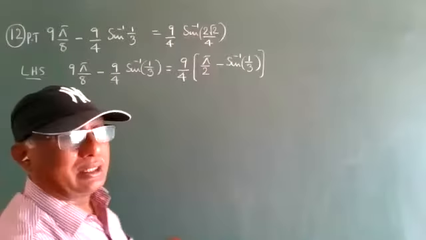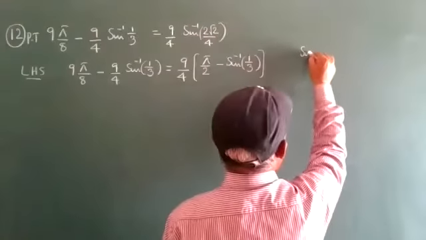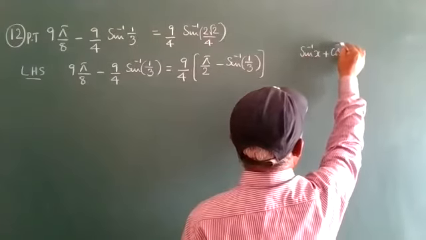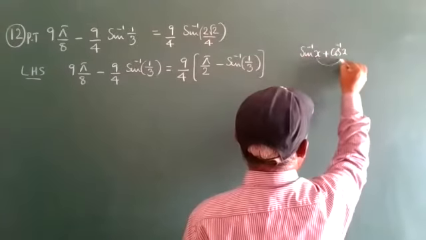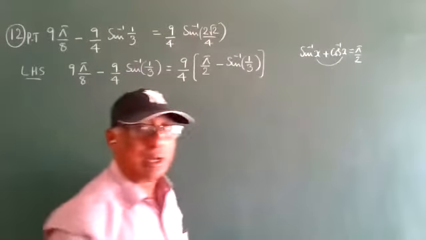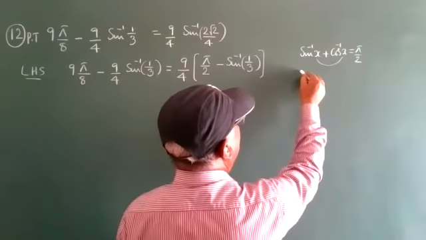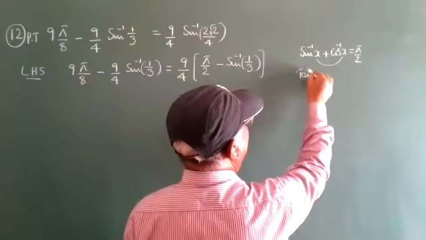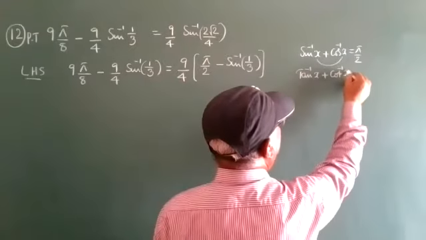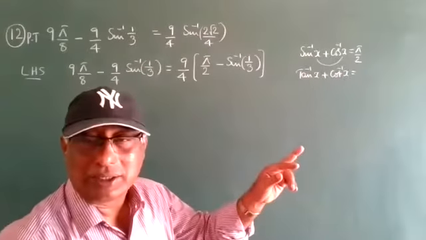Next, we have the 90 degrees formulas, the inverse property. Sine inverse of x plus cos inverse of x, both together, have the value 90 degrees, that is pi by 2. Similarly, tan inverse of x plus cot inverse of x is pi by 2, where cot means cotangent.